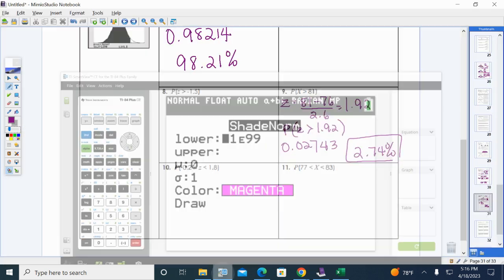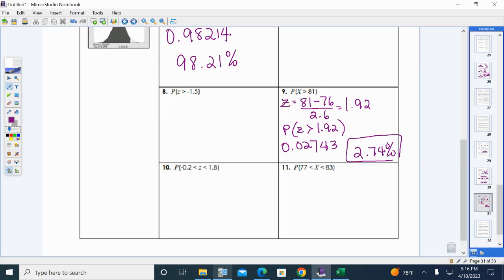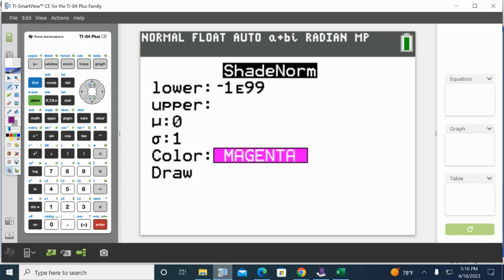So the cool thing about this is my lower bound is negative 0.2, and the 1.8 is my right boundary, or my upper bound. So for my lower boundary, we're going to put in the negative 0.2, and the upper boundary is the 1.8.